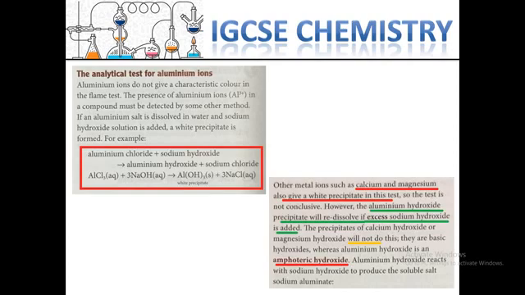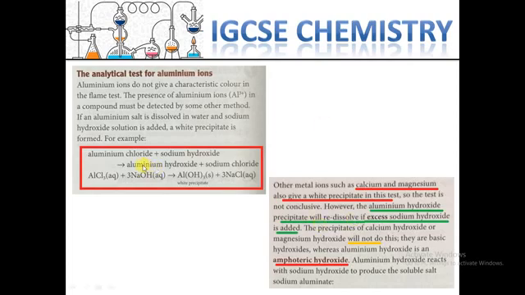Before this, I would like to explain that identifying transition metals is mainly based on their color. That means each transition metal is able to produce a certain color. By identifying the color, the type of transition metal can be recognized.